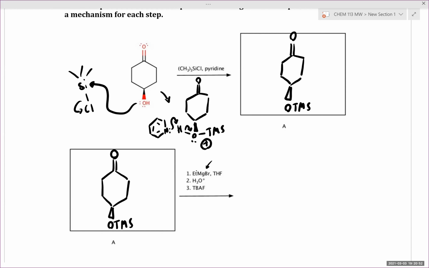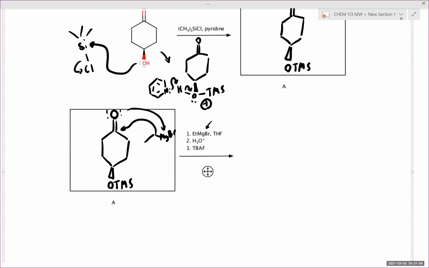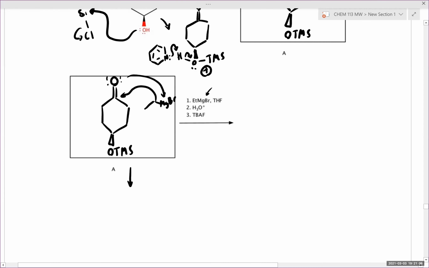The ketone carbon, exactly right. So ethyl magnesium bromide is going to attack our electrophilic ketone. So at the end of our first step in this sequence, we'll get addition into our ketone.